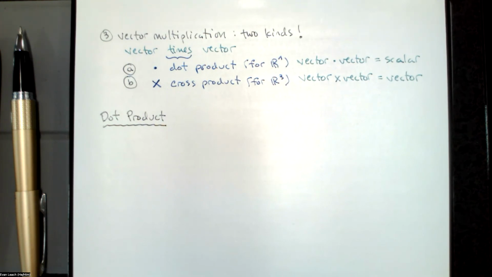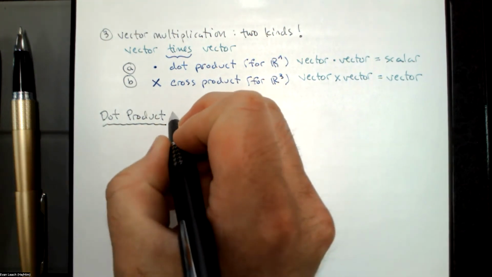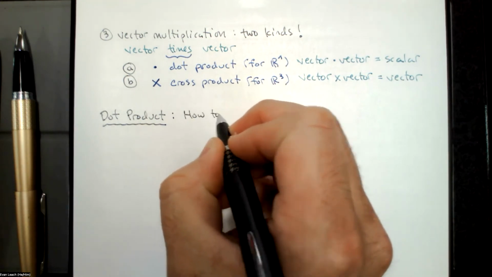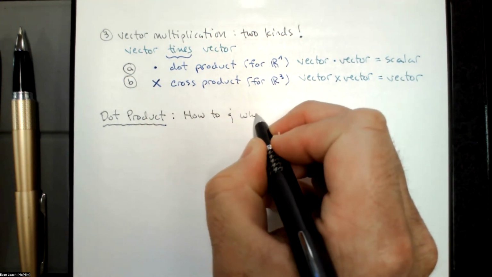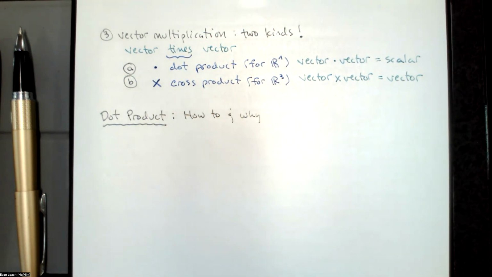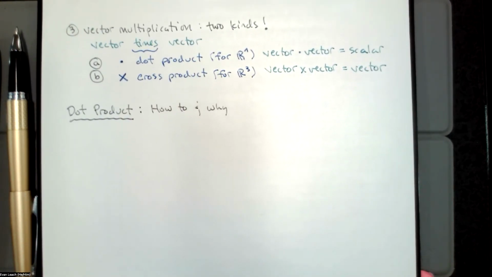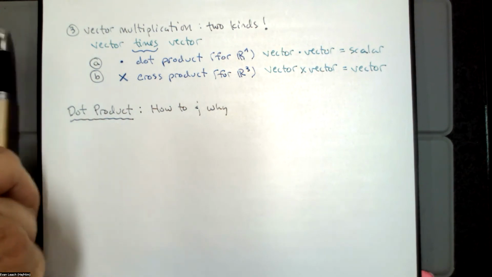So like I said, we need to learn how to dot product and why to dot product. We always lead with dot product because it is much easier. And we're just going to go with an example.